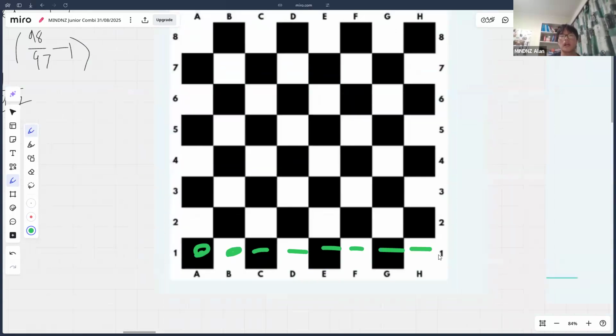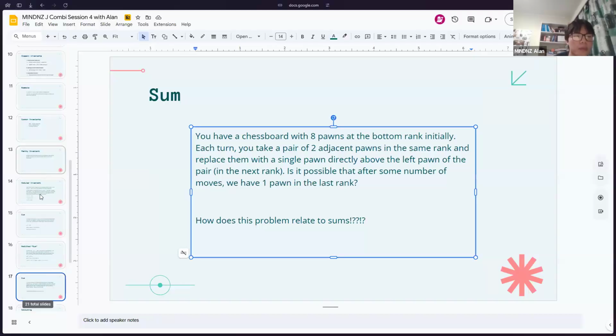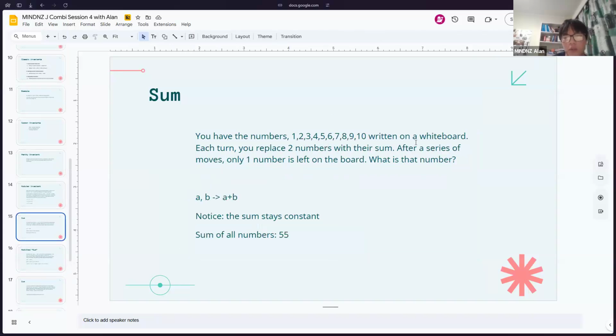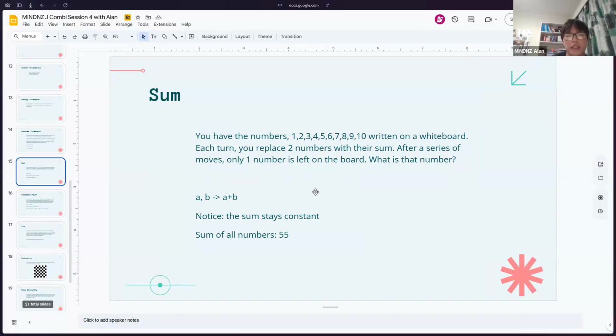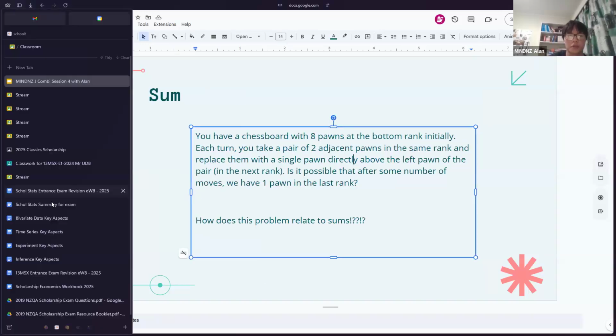And then we take 2 and replace them with 1, right? If we take 2 and replace them with 1, what does this remind you of? It reminds you of that whiteboard problem where we take two numbers on a whiteboard and replace them with their sum, right? So if we can find something similar for our current problem, that'll be good.